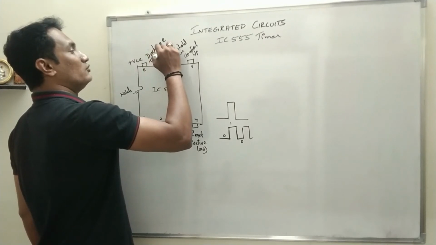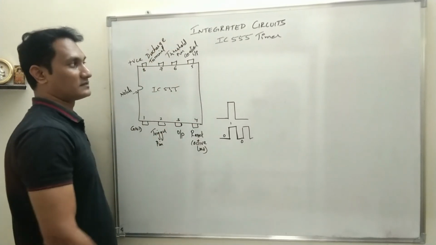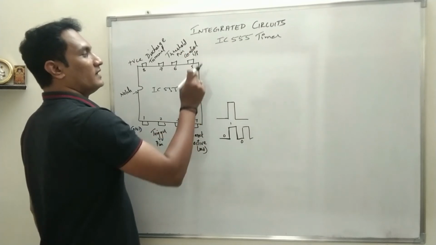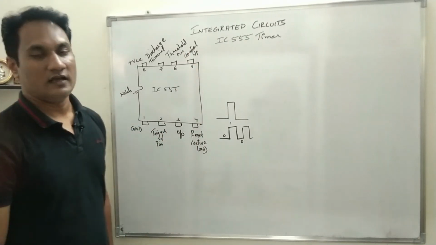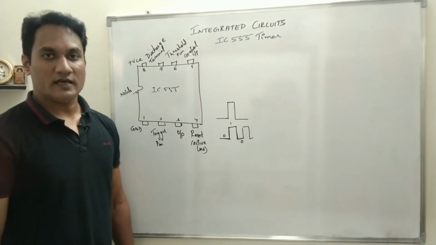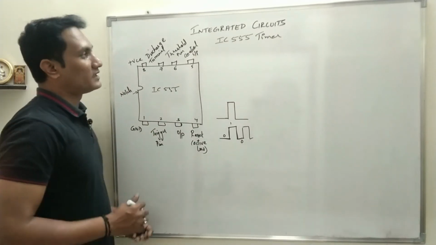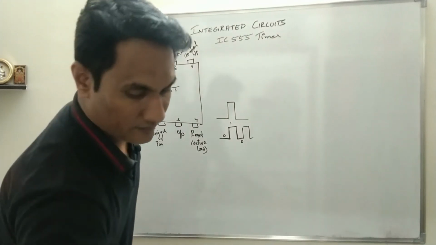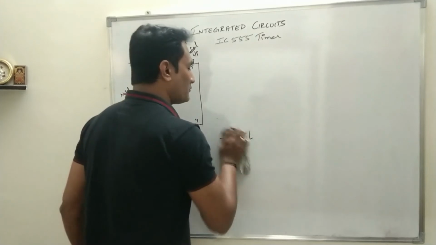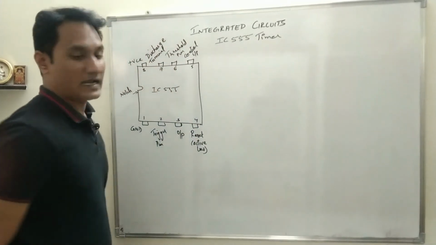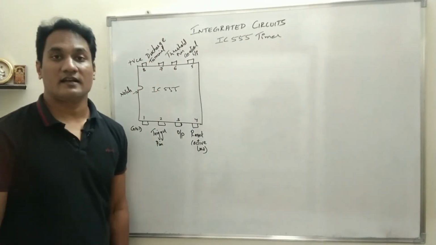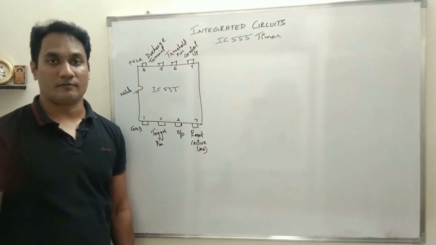I will explain what exactly is meant by discharge terminal. Control input means there will be a fixed potential at pin number 5. Okay, so this is the pin configuration of IC 555, and you can understand it much better when we try to understand the internal diagram of IC 555.